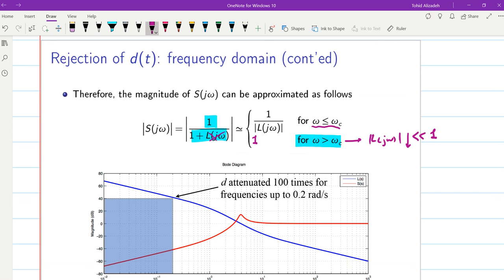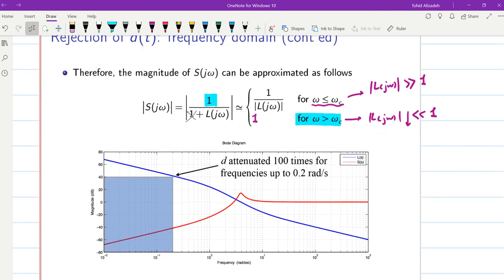For low frequencies, we know that the amplitude of L of j omega is much bigger than 1, therefore we can neglect 1 in the denominator this time, and we will get 1 over the amplitude of L of j omega.